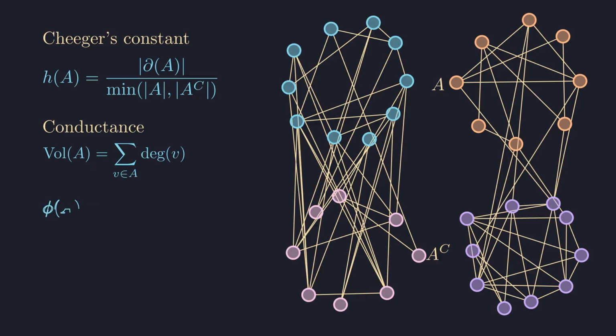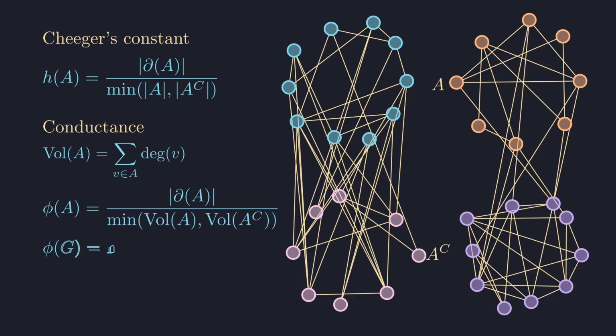So we can define another metric phi of A for how good a clustering is, and phi of A is similar to h of A, but the sizes of A and A complement in the denominator are replaced by the volumes. So just like before, phi of A is small whenever the boundary of A is small. However, if one of A or A complement has very small volume, then phi of A would be large.